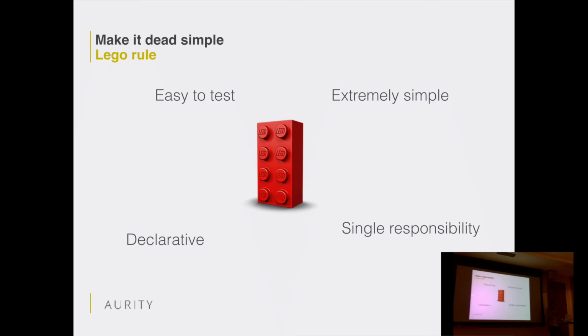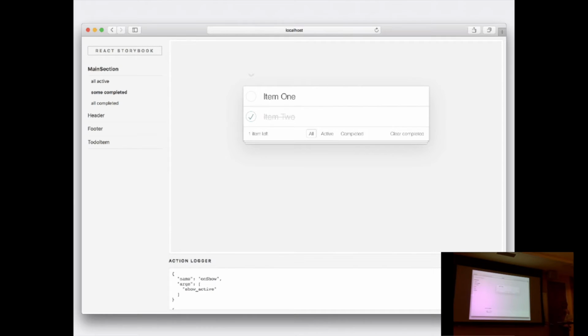So there is no reason to reinvent the wheel. We have to do pretty much the same. And how can we do this? We can use React Storybook to create an isolated environment, which gives us the ability to create those simple components in a very easy way.